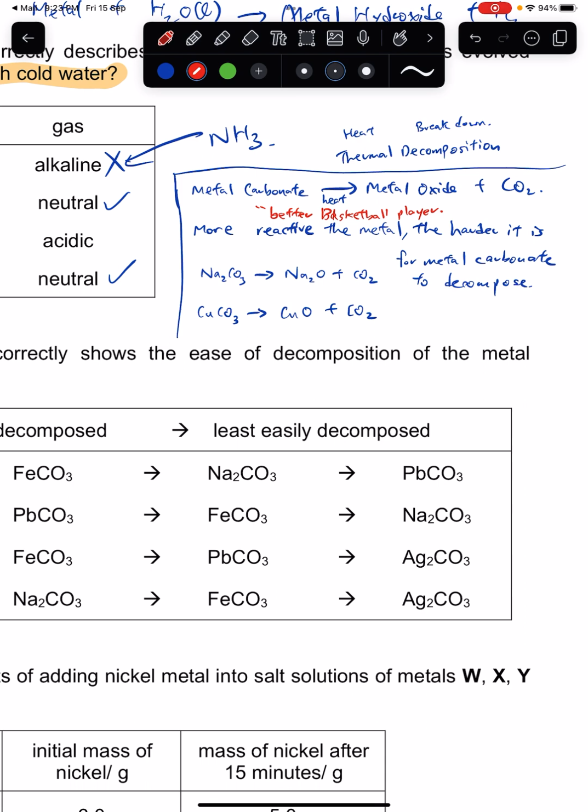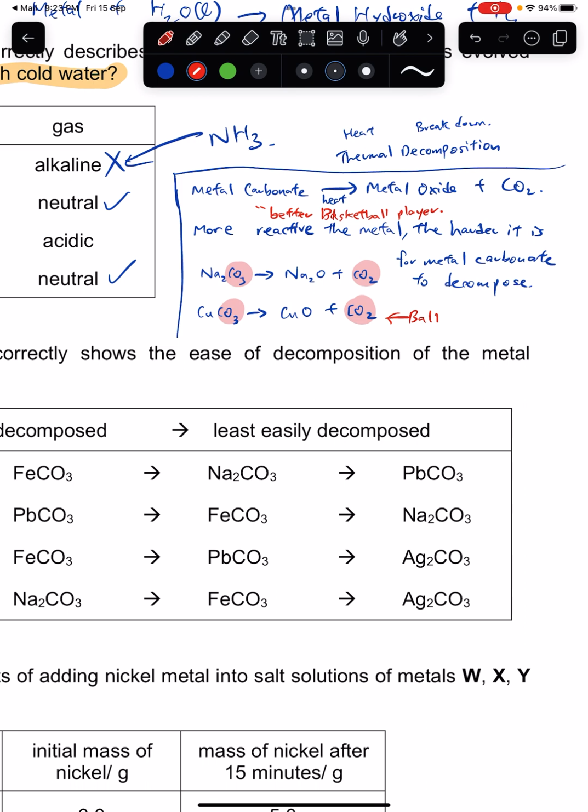Imagine with me, this carbonate that is taken away refers to a ball. So the more reactive the metal, the more pro the basketball player is. Maybe a national player. You want to take the basketball off a national player, I think it's very difficult. I think maybe this analogy helps you. So the more reactive the metal, the more pro the player, and it is harder to remove something from it, harder for it to break down.